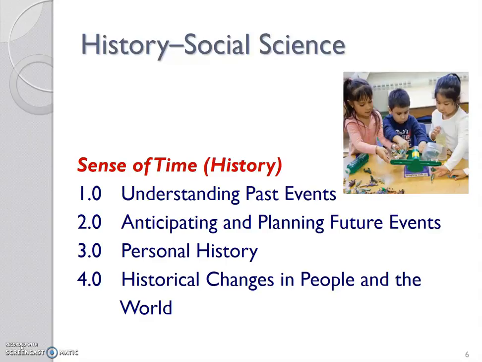The third strand is a sense of time, and there are 4 substrands, and these include understanding past events, anticipating and planning future events, having a sense of personal history, and then understanding that there have been historical changes in people and in the world.